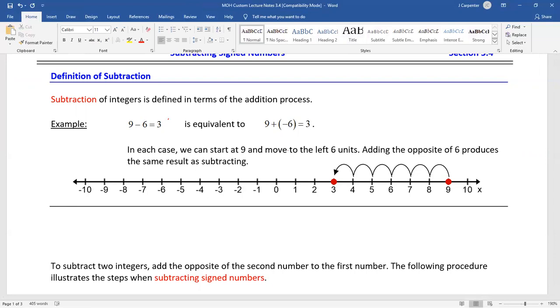So having, I don't know, 5 minus 12, that's the same thing as saying 5 plus negative 12. Or having 13 minus negative 11, that's the same thing as taking 13 plus positive 11.